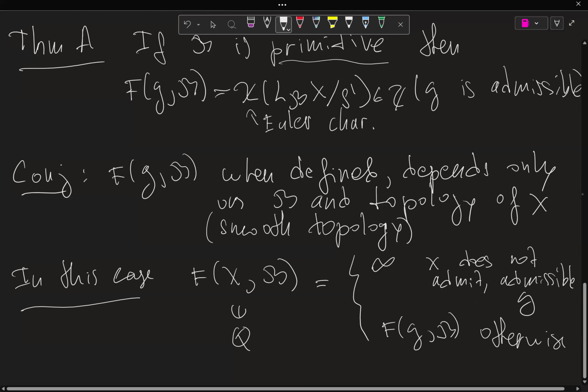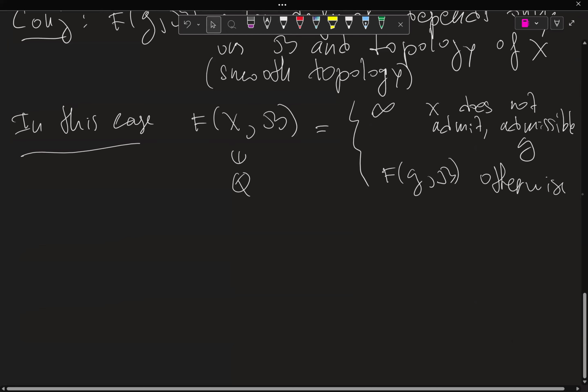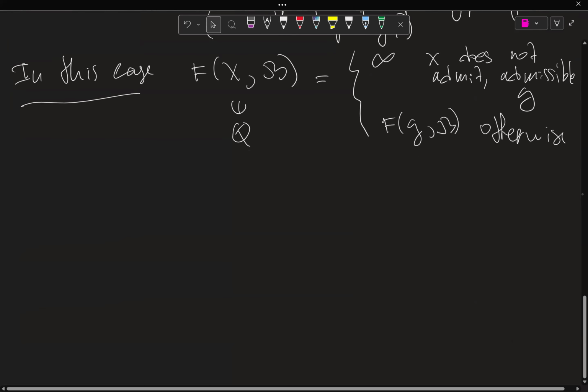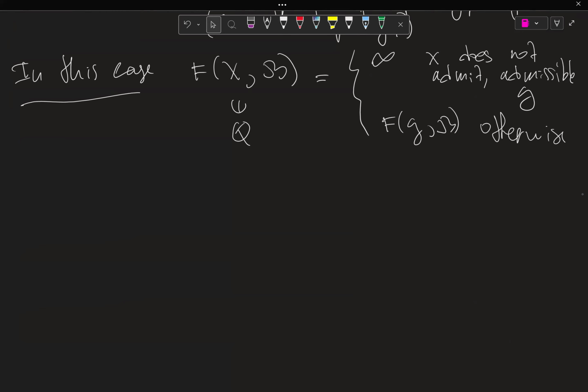So just to have a function from the set of manifolds to the extended rationals.